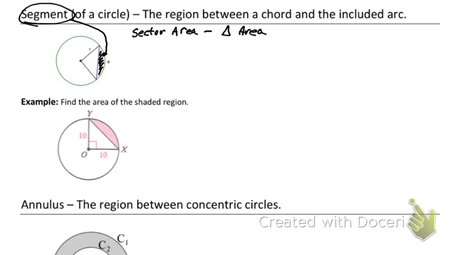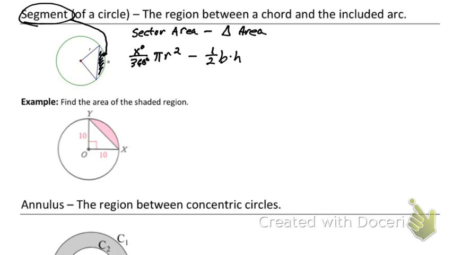Well, remember the area of a sector is x degrees divided by 360 times the area formula, which is pi r squared. Our area formula for our triangle is half of base times height. So those are two things we know how to calculate. So let's look at our first example. It says find the area of the shaded region.